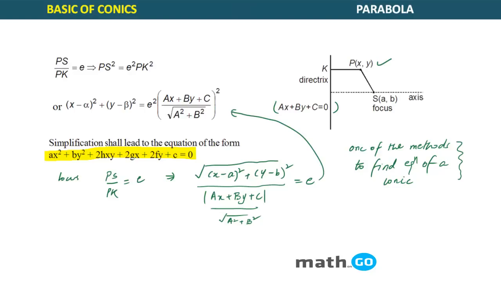That is something which we will not do in detail because it is out of the scope of the JEE syllabus. It will have a term of x squared, y squared, xy, x, y, and the constant, all the terms. So this is nothing but the general equation of a second degree curve. All the conics are actually derived from this particular equation of a second degree curve.